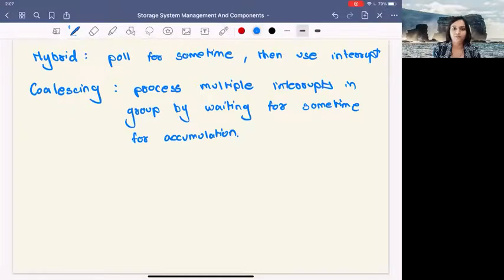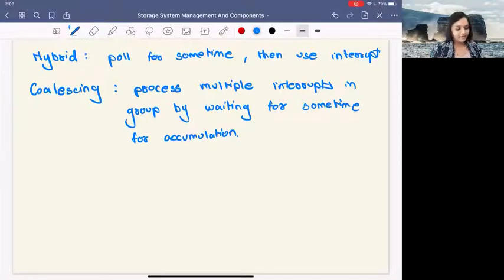So neither is it able to make some progress over here, nor is it able to make some progress over there, but rather it's just wasting time in switching from here to there. And the worst case of wasting all the time in switching is a livelock, which we just discussed. So such a smart trick of coalescing or combining multiple interrupts together would be able to resolve the livelock.